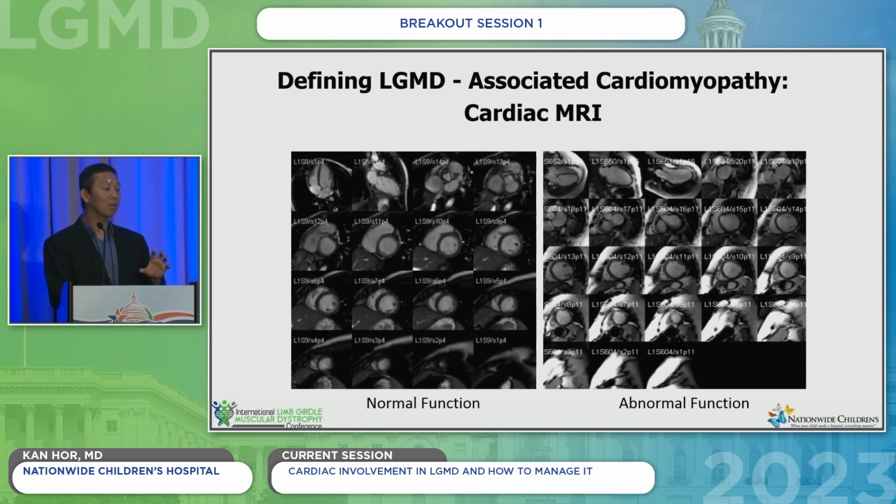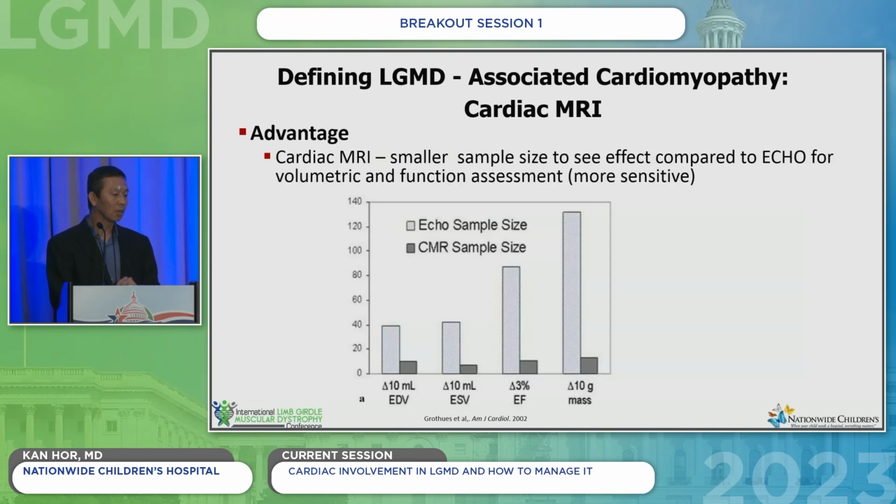So cardiac MRI, beyond just ejection fraction alone, actually offers a much better way to look at the heart. And for industry partners that are doing trials to look at differences in change compared to echocardiogram, you need fewer patients. Why? Because we're not making an assumption. We're actually measuring truly what your heart looks like, the volume and function as well as the mass.